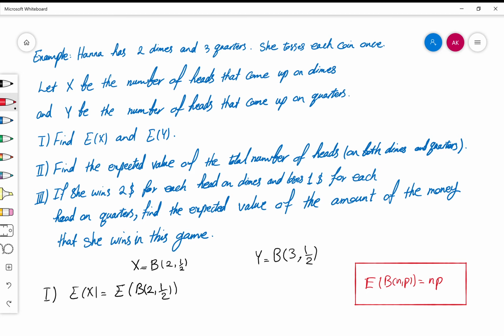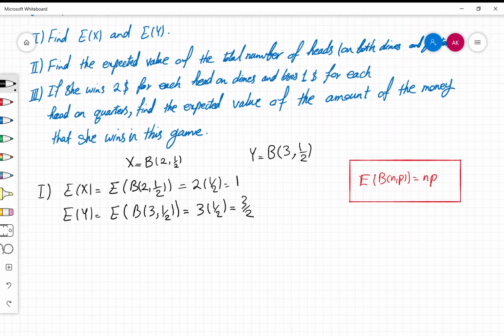So for x, it's binomial (2, 1/2), so it will be 2 times half, and that is just 1. How about E of y? Well, y is also a binomial random variable, binomial (3, 1/2), and this is 3 times half, which is 3 over 2. Nice. That's what we have.